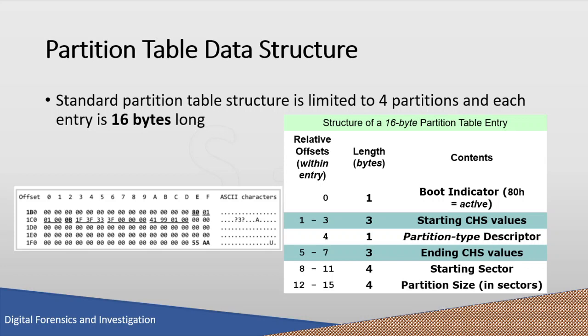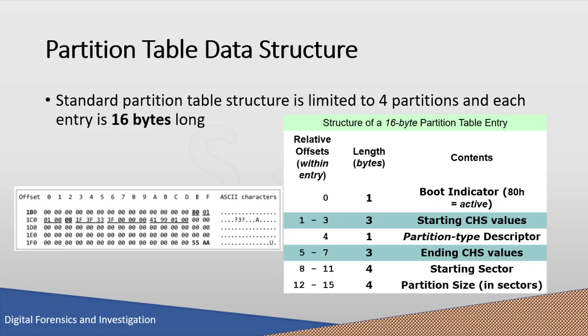For example, if it is 0B, that will indicate that the partition file system type is FAT32. Next 3 bytes represent the ending sector in the cylinder head sector values.